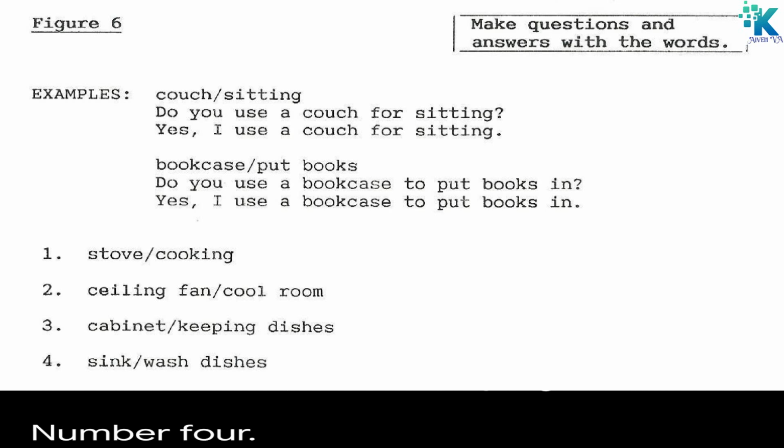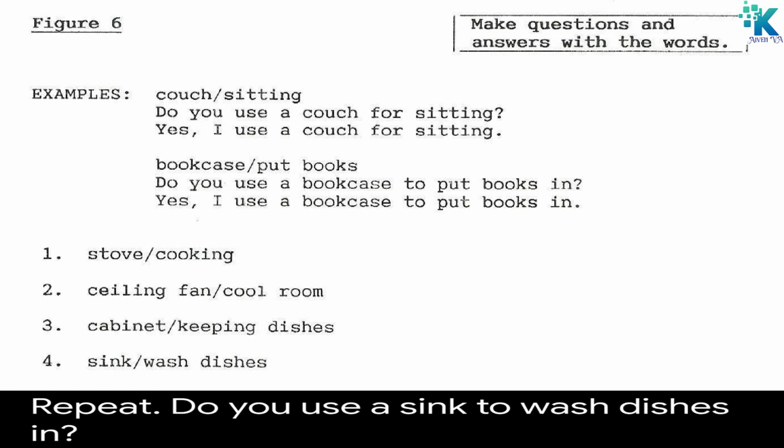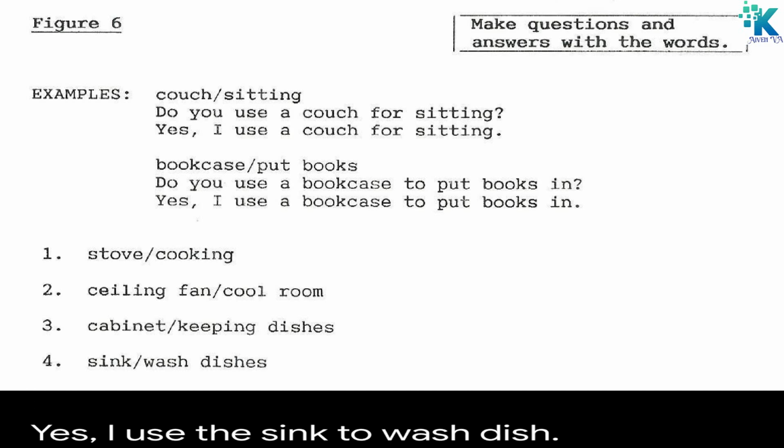Number 4. Sink, wash dishes. Repeat. Do you use a sink to wash dishes in? Yes, I use a sink to wash dishes in.